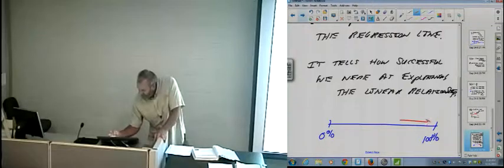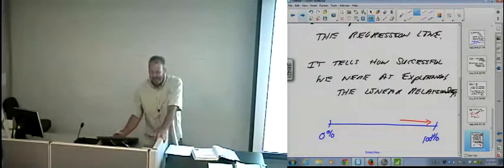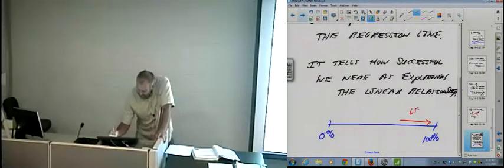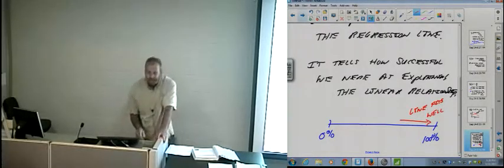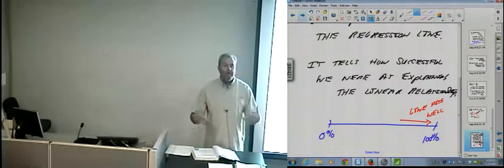Now, when I go this direction, how'd we do? Line fits well. The closer I am to 100%, the better the line fits.